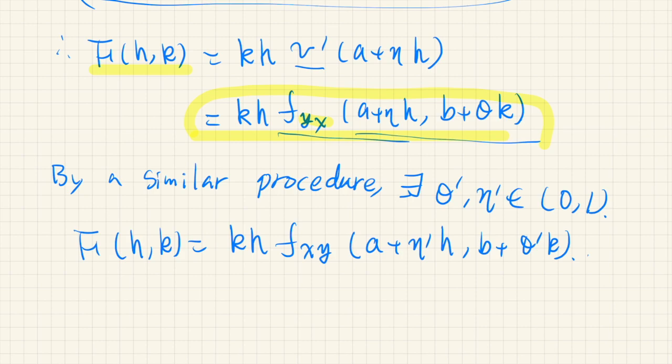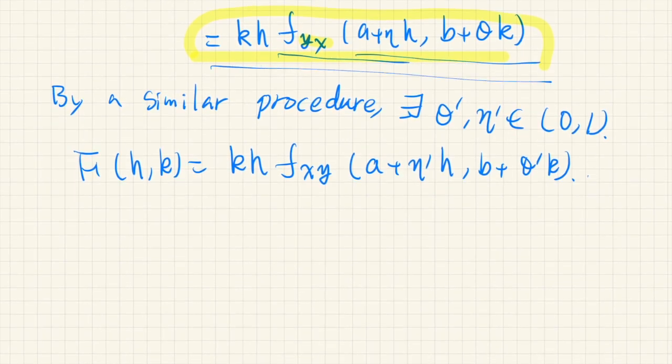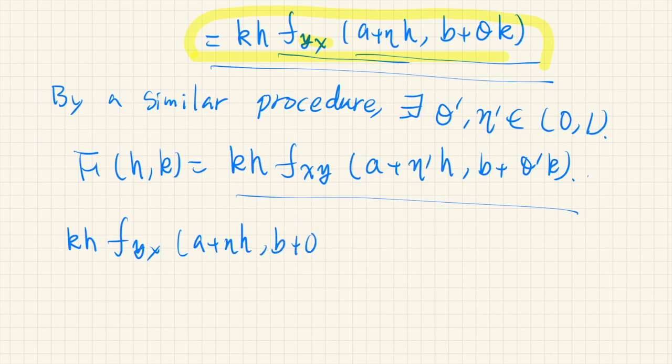So the same function f of hk can be expressed in two different ways, so this one and this one must be equal. So kh fyx at a plus eta h and b plus theta k is equal to kh fxy at a plus eta prime h, b plus theta prime k.